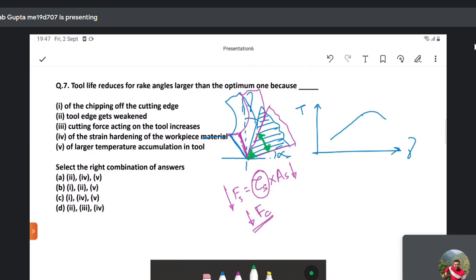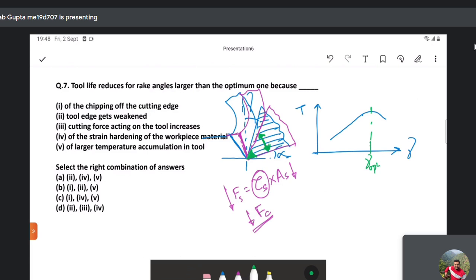The reduced resistance towards this dynamic load under chattering conditions will increase the chances of tool failure. So after an optimum value of gamma, the rake angle, your tool life again reduces.